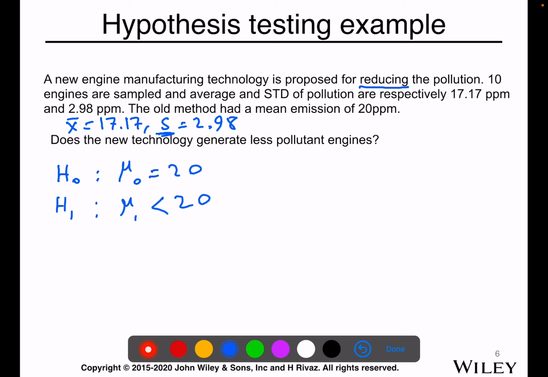Does it say it more? Because here it could be a bit ambiguous whether it's a standard of pollution. Yeah, so think of that as the entire pollution. You mean about S? Well, the way it's written, yeah. In the question, it says standard of pollution. Yeah, I thought of the same thing, but after you read it the second time, the question says 10 engines are sampled, right?